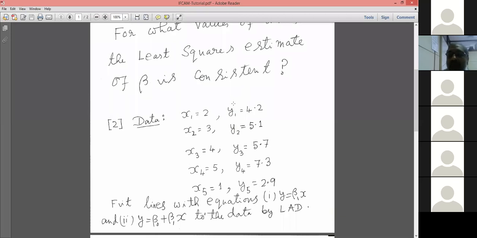So what is the median in the weight distribution? Sir, y4 by x4 is the median of beta.